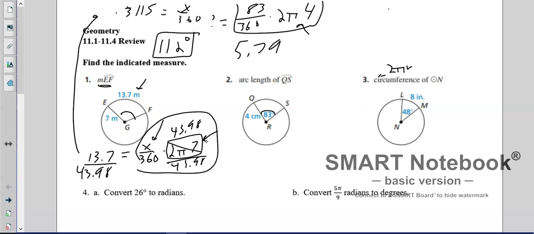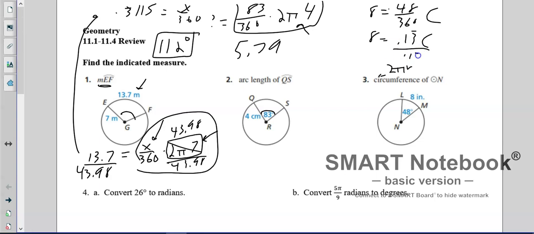Okay, so we know the arc length is 8, and that's going to be equal to 48 over 360 times 2 pi r, which we could just say circumference, because 2 pi r is the circumference. So if we just do 48 divided by 360, we get 8 equals 0.13 repeating times c, the circumference.